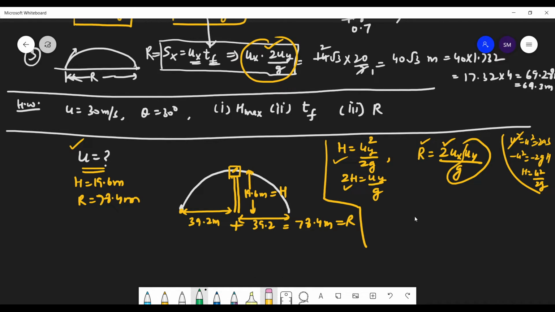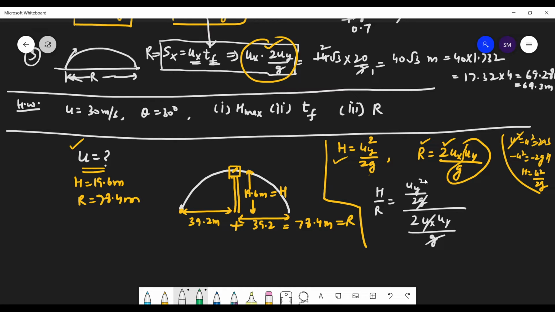Yes, that's what I was thinking. So what you can do is divide H by R. So divide H by R, what will you get? H is Uy square by 2G divided by 2Ux Uy by G. So G will cancel out.